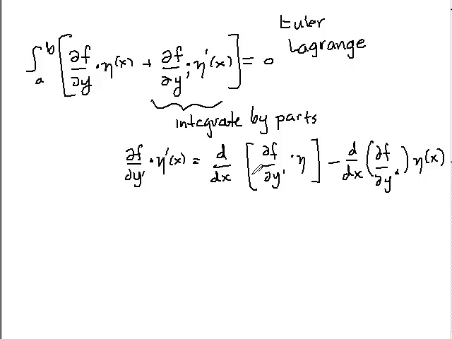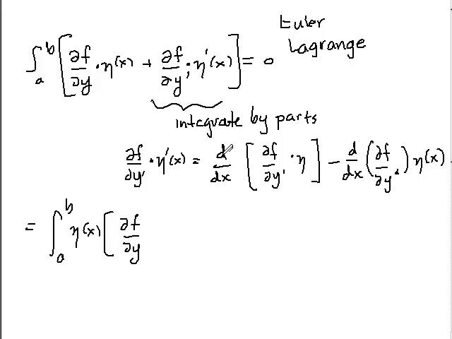So in particular, I can write this as the total derivative minus this. So I will get the integral from a to b of eta of x times ∂f/∂y. Now look at this term here.